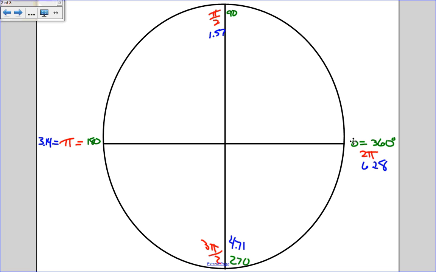Okay. That's a lot of information. But we're really not done yet either. You know why we're not done yet? Because this is the unit circle, which means my radius is 1. So what's the ordered pair associated to this right here? If this was a point, what would that point be? That would be the point 1, 0.